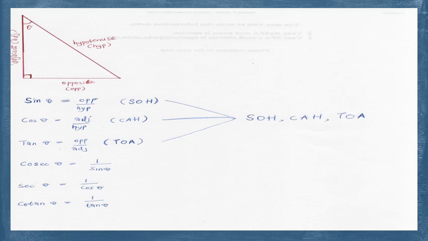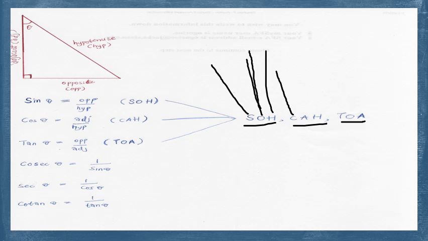So we've made up 3 acronyms, and they're pronounced SOHCAHTOA. If you keep these acronyms in your head, you don't have to memorize what each of these functions stand for. Once you know SOHCAHTOA, you know that SOH is telling you that the sine of whatever angle you're dealing with equals the opposite side of that angle divided by the hypotenuse.